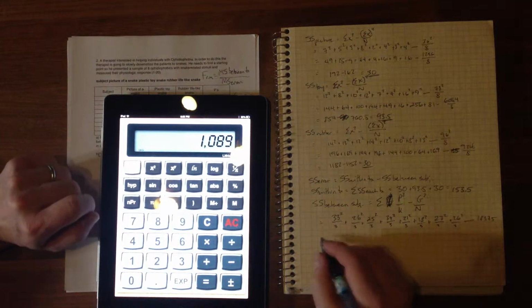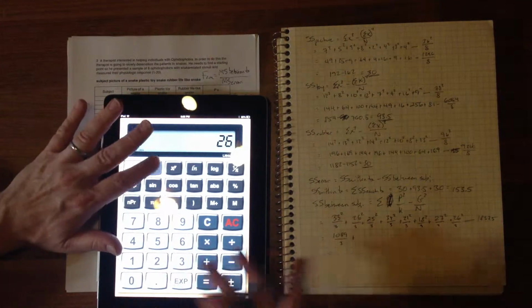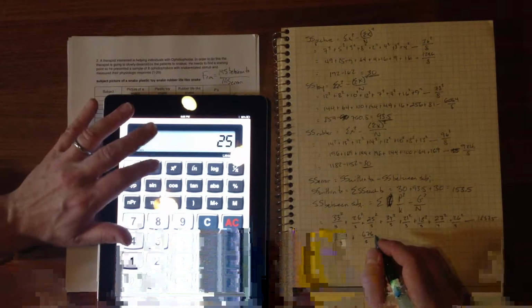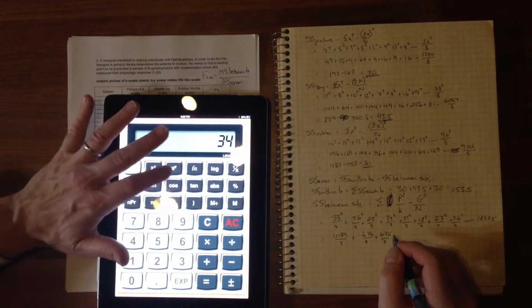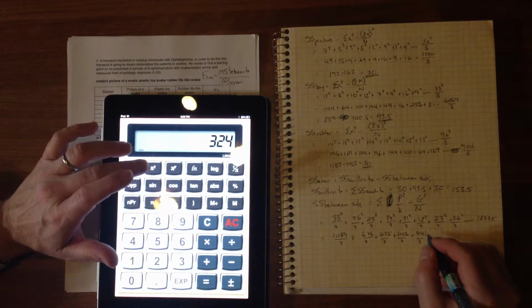Let's do it. 33 squared is 1089. We'll divide that by 3 later. 26 squared, 676. 25 squared is 625. 34 squared is 1156. 21 squared is 441. 18 squared is 324. 27 squared is 729.